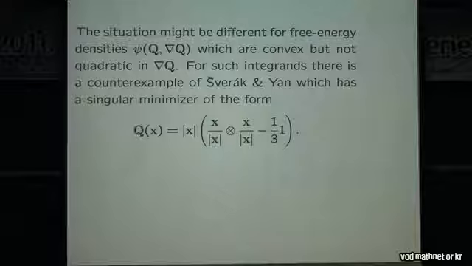Now the situation might be different if you had an energy which was not convex in the gradient of Q. Which is convex but not quadratic in the gradient of Q. And it's interesting that a famous counterexample, a spheric and yarn, for irregular minimizers is actually exactly in the framework of the Q-tensor theory.